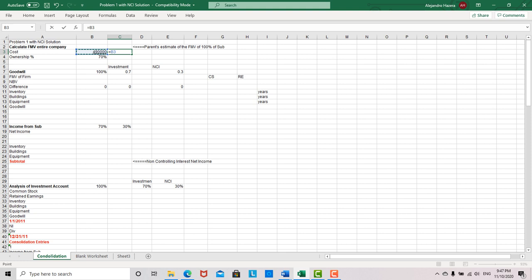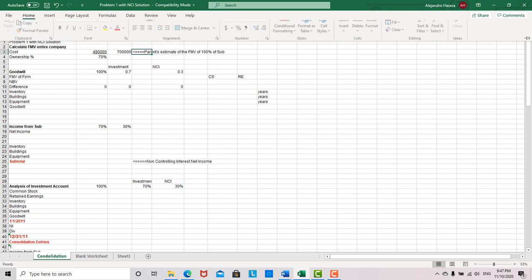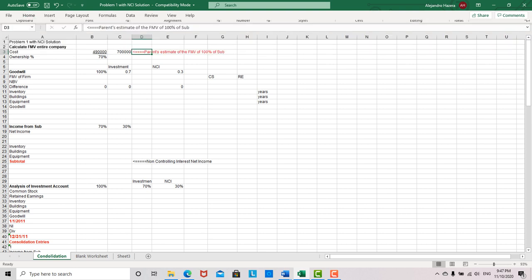That's $700,000, what the parent thinks the entire company is worth. 490 is 70% of 700,000. If it pays 490 for 70%, they think the whole company is worth 700,000. So the difference between the 700,000 and the 490 is that 30% non-controlling interest.